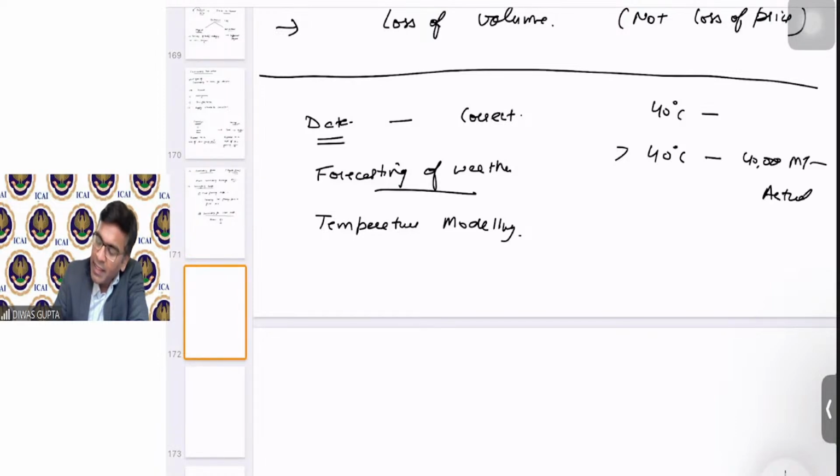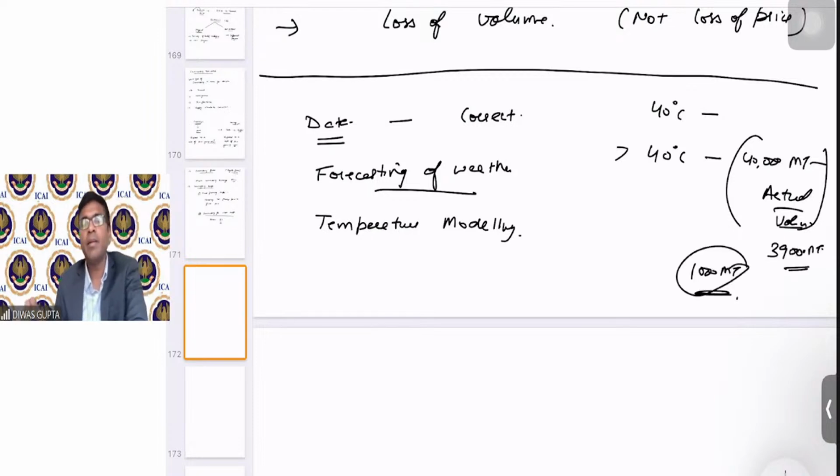So you can imagine any kind of contract will do, right? Let's say the actual volume at more than 40 degrees Celsius has come as 39,000 metric tons. So 1,000 metric ton will be the settlement value of this contract.